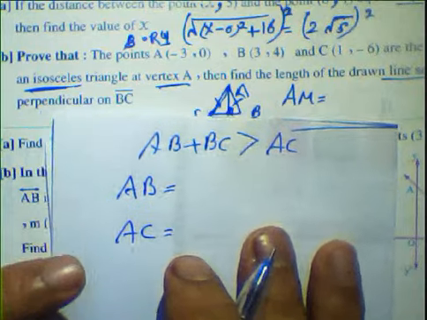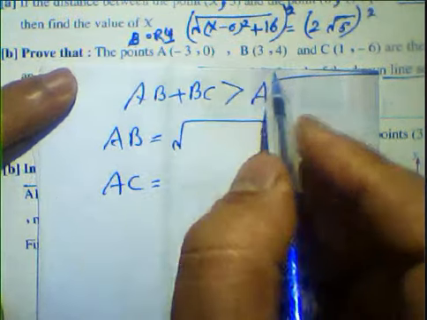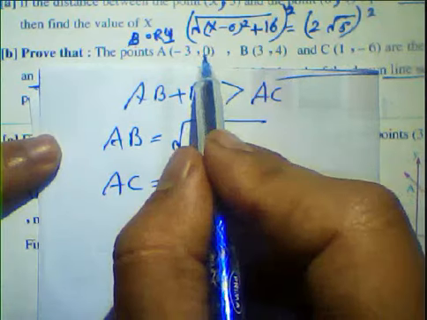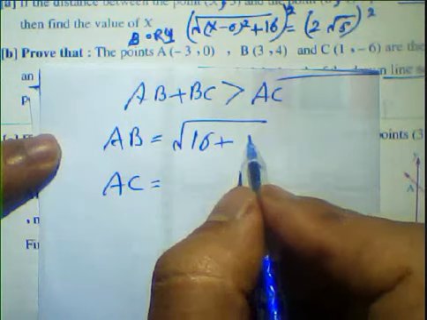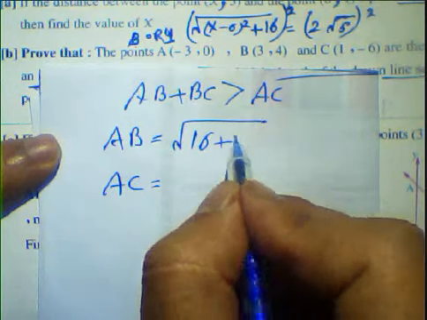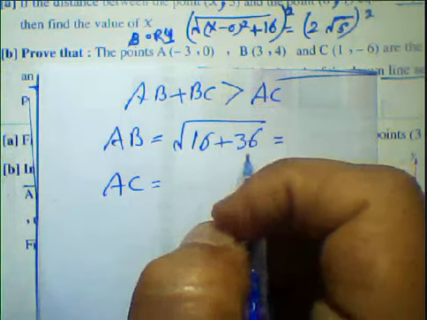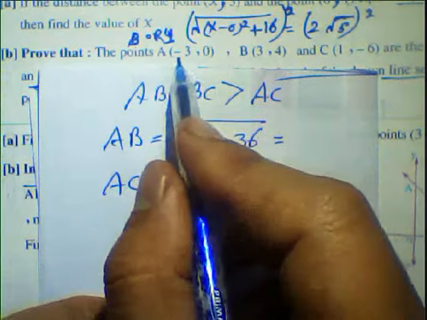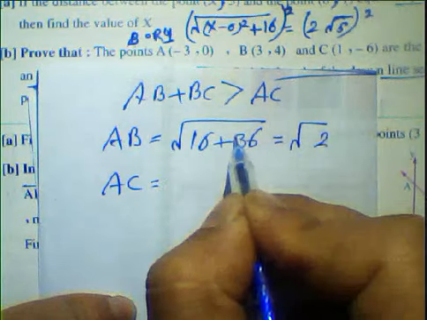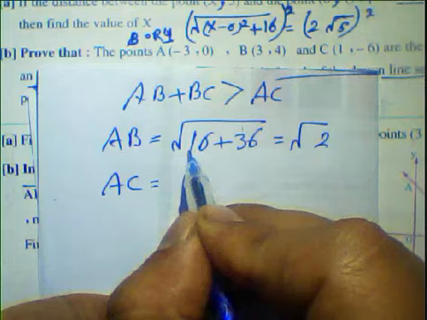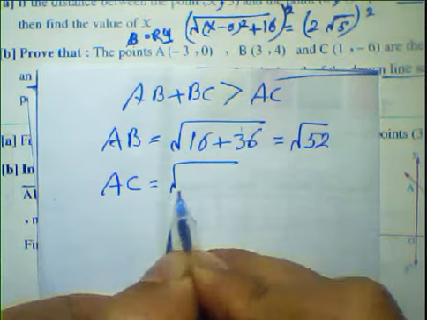AB: look here with me, A and B. Square root of, 4 minus 0 equals 4, power 2 equals 16, 3 minus negative 3 equals 6, power 2 equals 36. We can find the result: 16 plus 36 equals 52. It will be root 52. And what about AC?